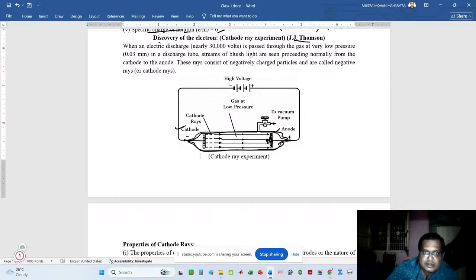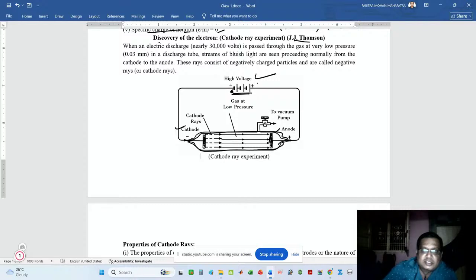This is the anode, and this is the cathode. These two electrodes are fitted in the discharge glass tube, and the cathode is joined to the negative part of the battery. This is the symbol of a battery, a high voltage battery. This is minus, this is plus.